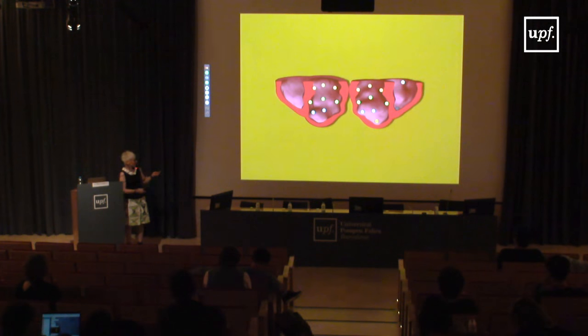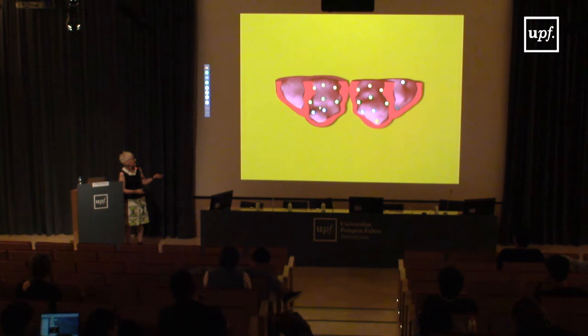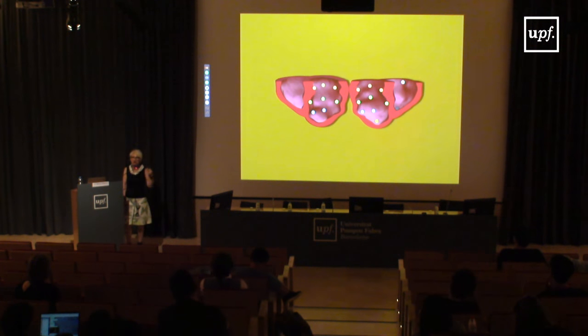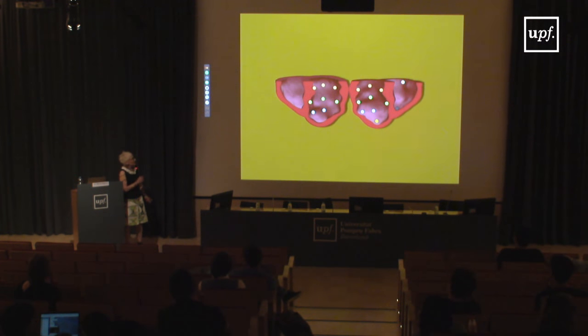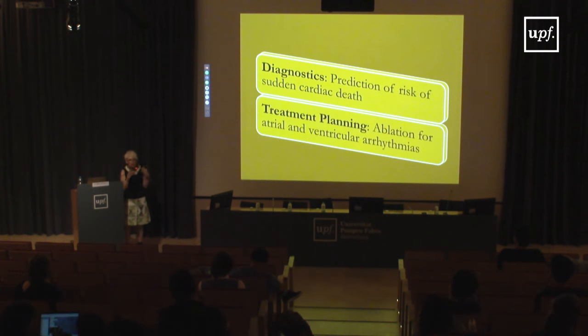And once we generate a heart like that, then we will stress it out. We pace, giving electrical signals from many locations, and then we watch whether an arrhythmia originates from this pacing location. So using these sorts of models, we've gone in two directions.